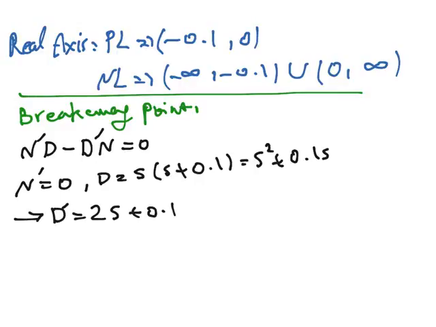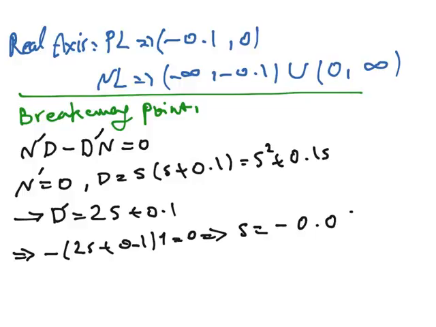And if we replace d prime, n prime, d and n in this equation, we will have 0 minus 2s plus 0.1 times n, which is 1. And if we set it to be equal to 0, for s we will get minus 0.05. So this is the breakaway point that we have.